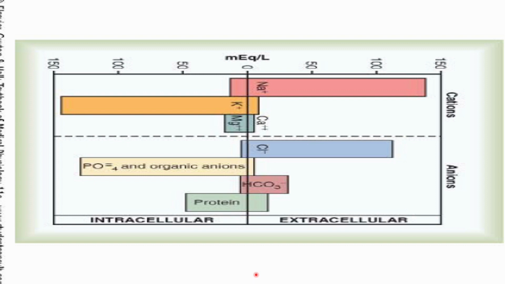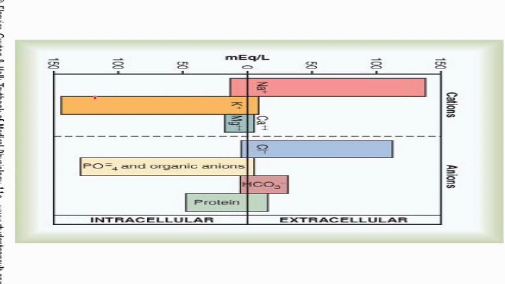So over here, what we're looking at is the concentration of ions inside the cell and outside, so intracellular and extracellular concentration. So if you look over here, sodium is much, much, much higher outside the cell than it is inside. The opposite for potassium.